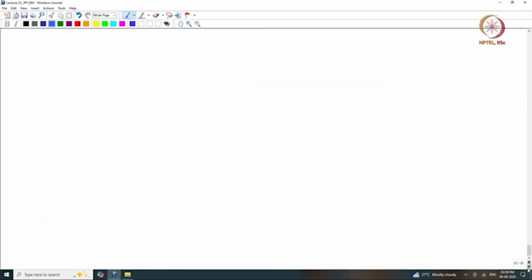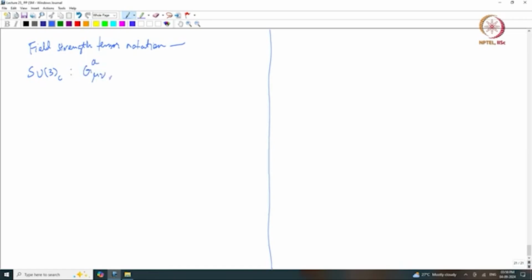One other thing we need to decide on before we write down the Standard Model Lagrangian is field strength tensor notation, because we don't want to keep writing F_μν for all the field strengths. So for the SU(3) field strength, I'm going to call it G_μν, not F_μν.